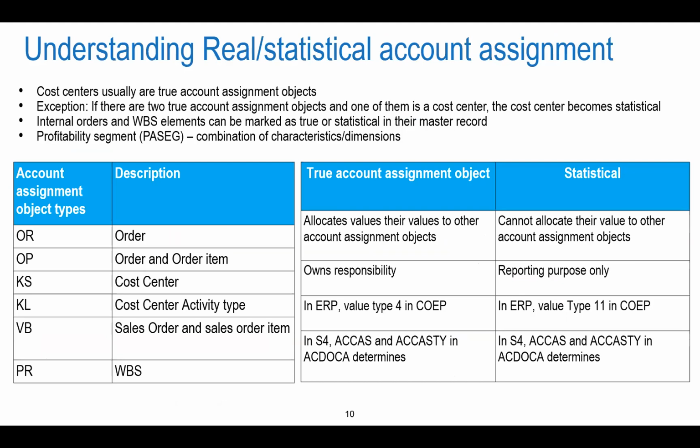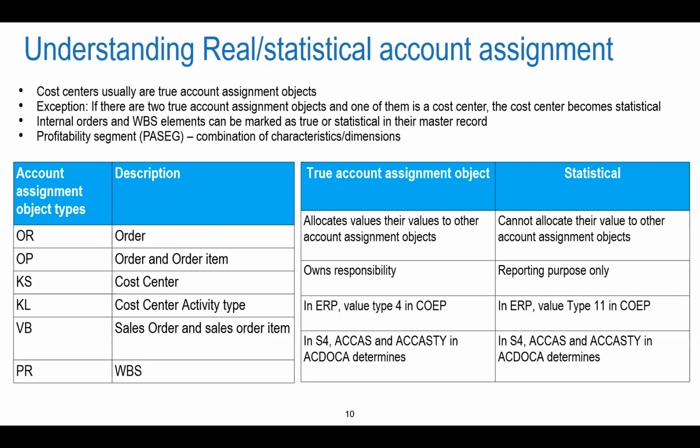Cost centers usually are true account assignment objects, but if there is another true account assignment assigned along with the cost center, then the cost center becomes a statistical element. And you have internal orders and WBSs, which have a statistical flag also in the master record, but they're totally a true account assignment object. And then what is this profitability segment, PS seg?